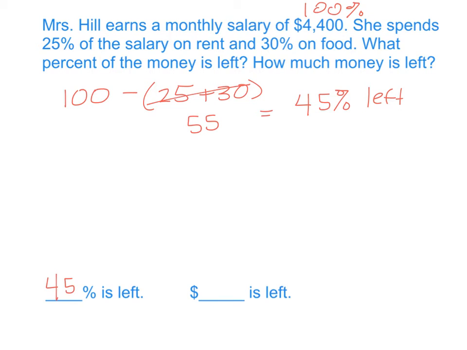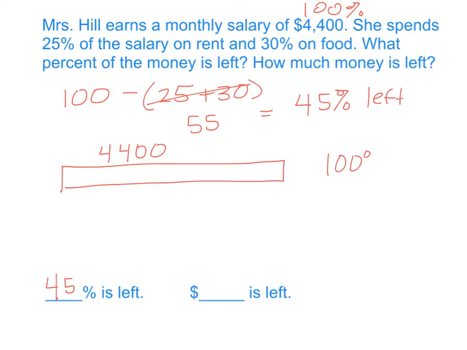So now for the second question, if the 100% is $4,400, that would be my 100%. To find 1%, I'm going to divide this by 100, and that would give me 44. So 44 is 1%.